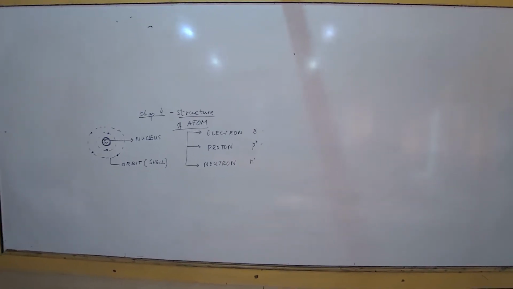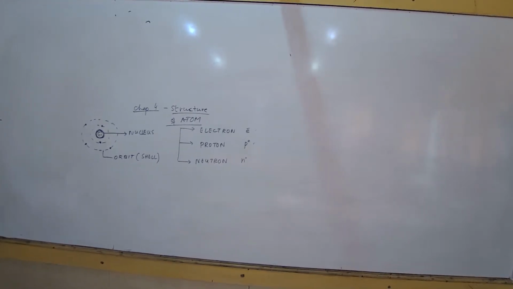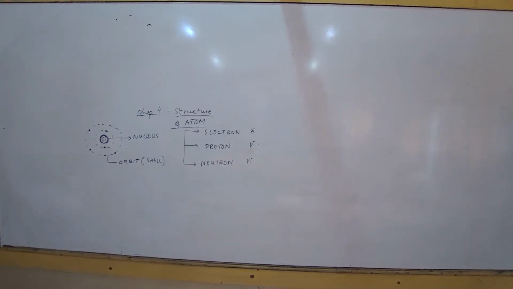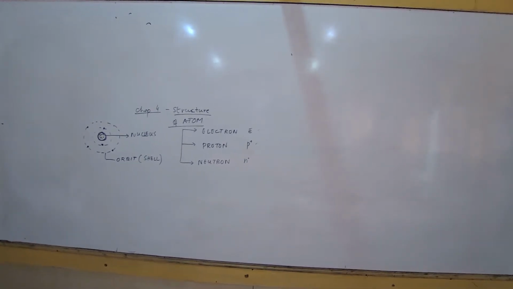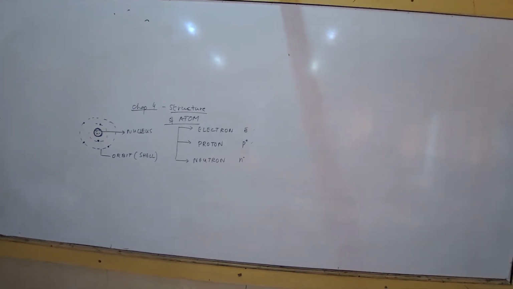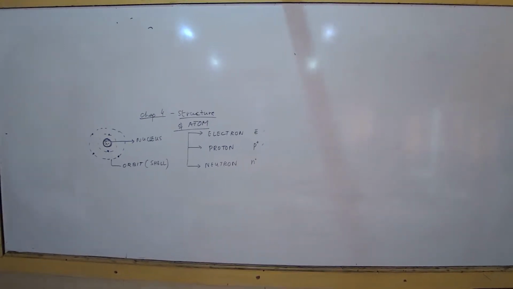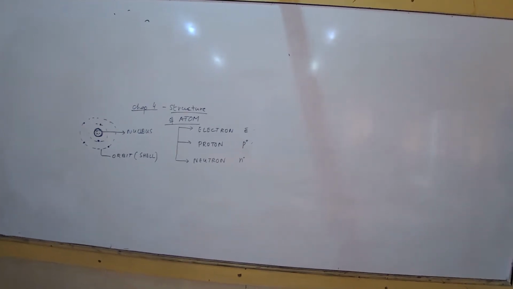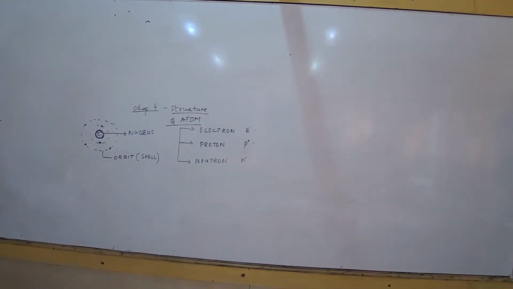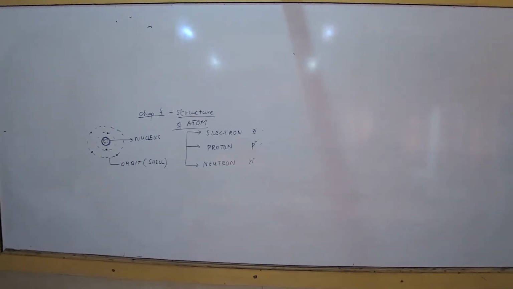First one, electron, which is negatively charged, and always present in shells or orbits. Negatively charged and present in shell or orbit.